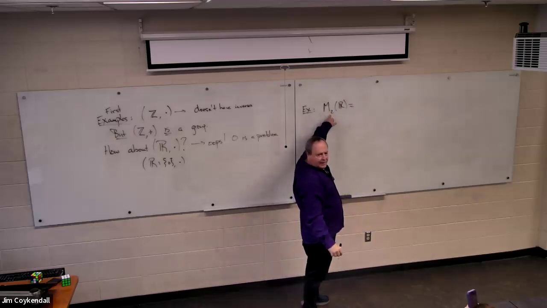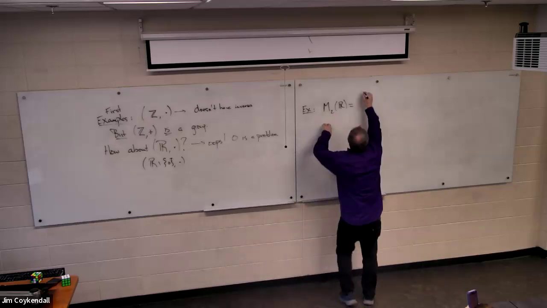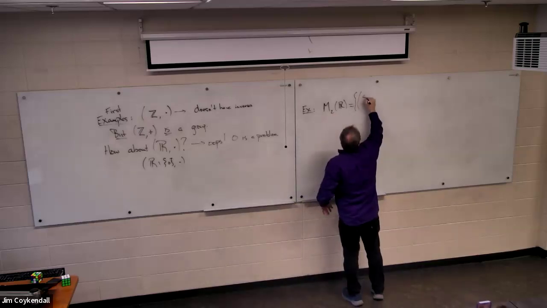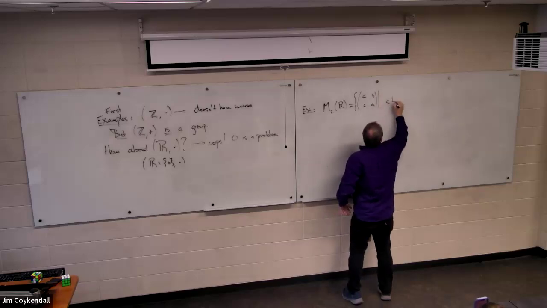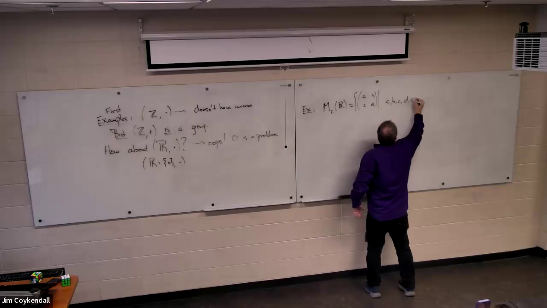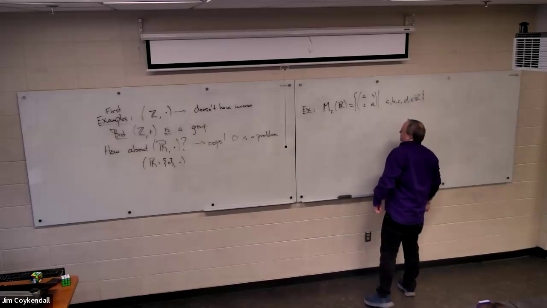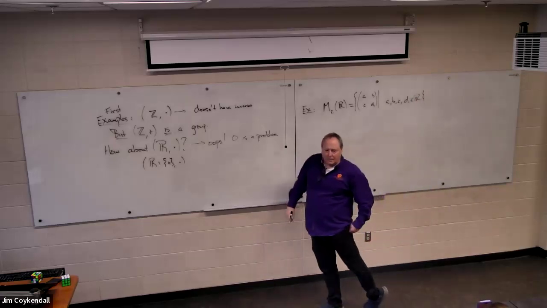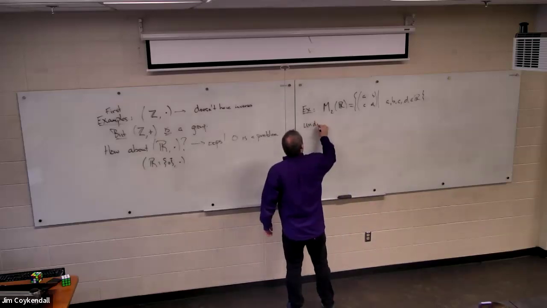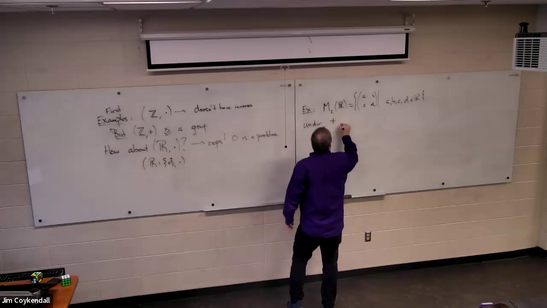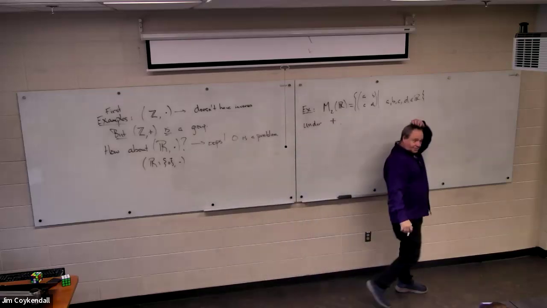This notation will mean 2 by 2 matrices with real coefficients. So this is a set of matrices that look like this, under addition.